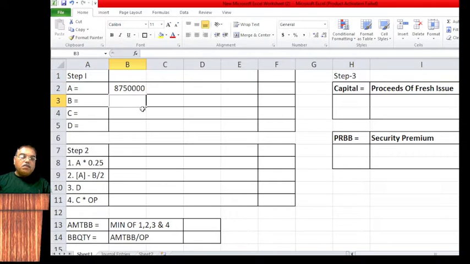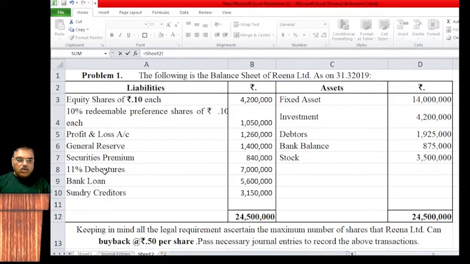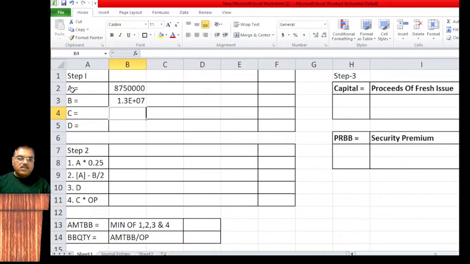B. B is the borrowed fund. Now what is that borrowed fund? Borrowed fund is 11% debenture plus bank loan. Let us calculate again.